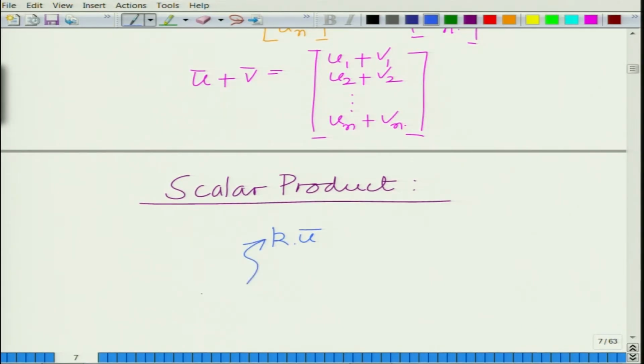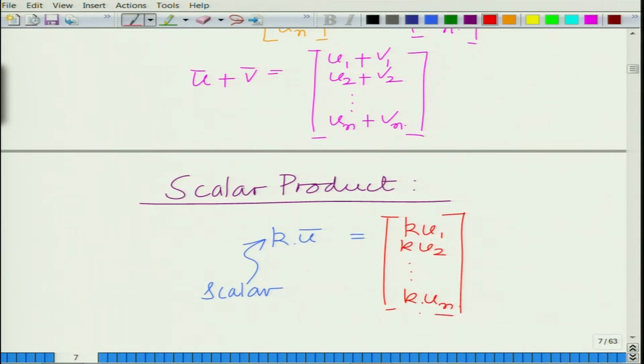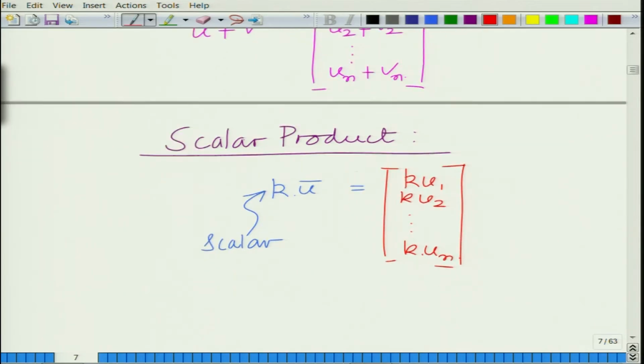So, k is a scalar coefficient. So, k times u bar, you take the scalar and multiply it by each element of the vector. So, this will be k u1, k u2, and so on up to k un.